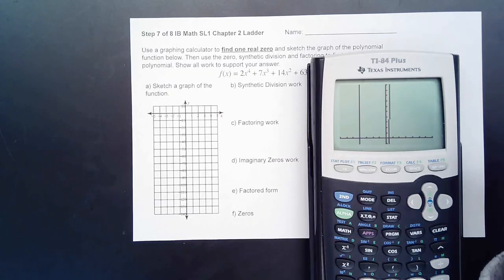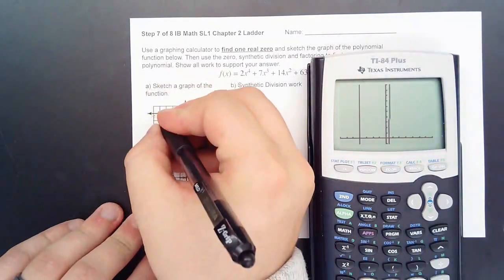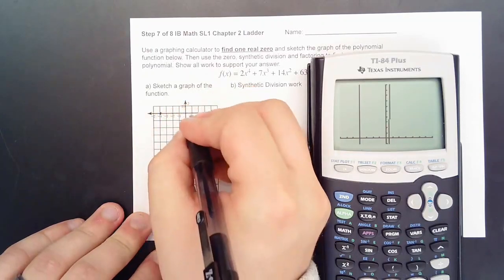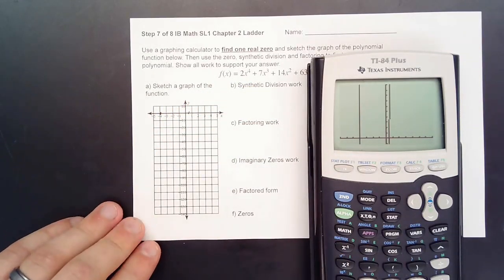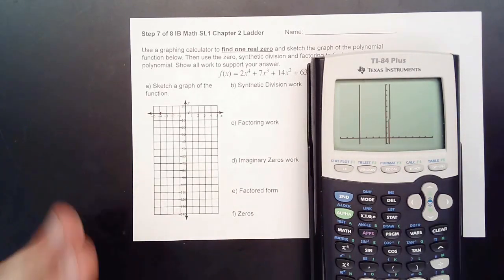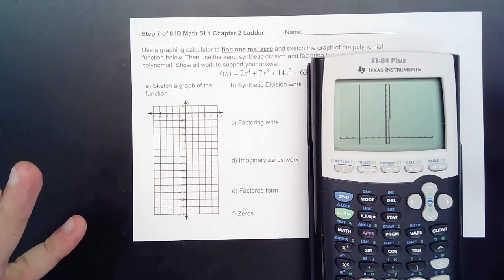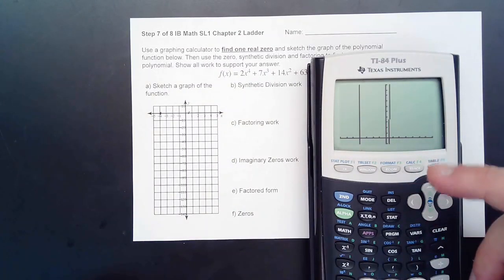So if I'm going to sketch that, I know that I'm going to be going through those points somewhere in here. And again, a sketch isn't going to be perfect. I think a lot of times we get caught up on wanting to make this perfect. Sketches are not going to be perfect, and that is okay. We're trying to get an idea of what this looks like.